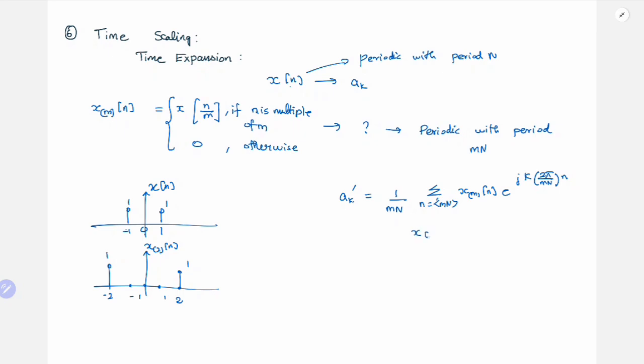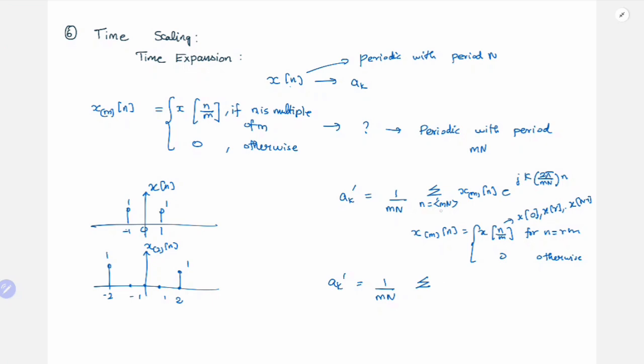But you know x_m of n is equal to x of n by m for n equal to some, let's say, r into m, right? In all other cases it will be equal to 0. So what I can do, a_k prime is equal to 1 by mn summation. I can collect only those terms. It will be true for x of 0, x of r, when I substitute n equal to rm, until x of n minus 1, correct?